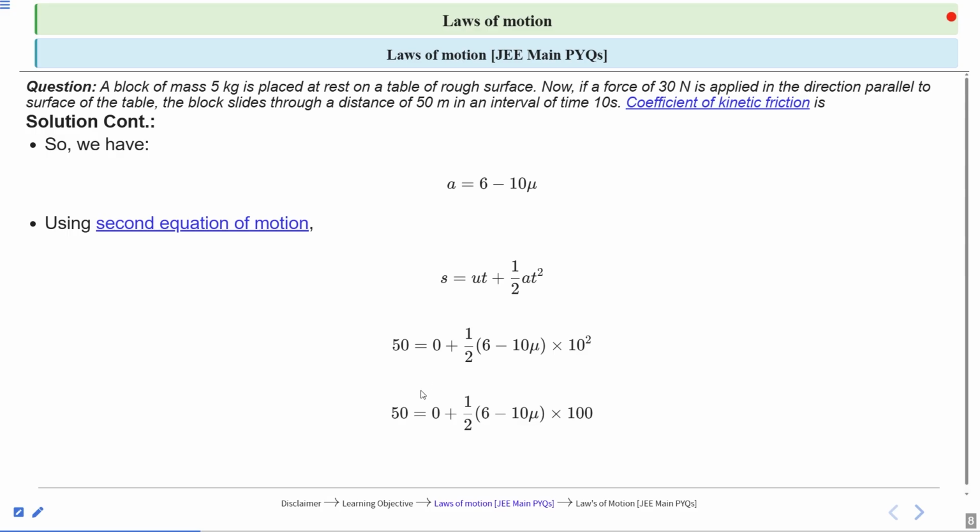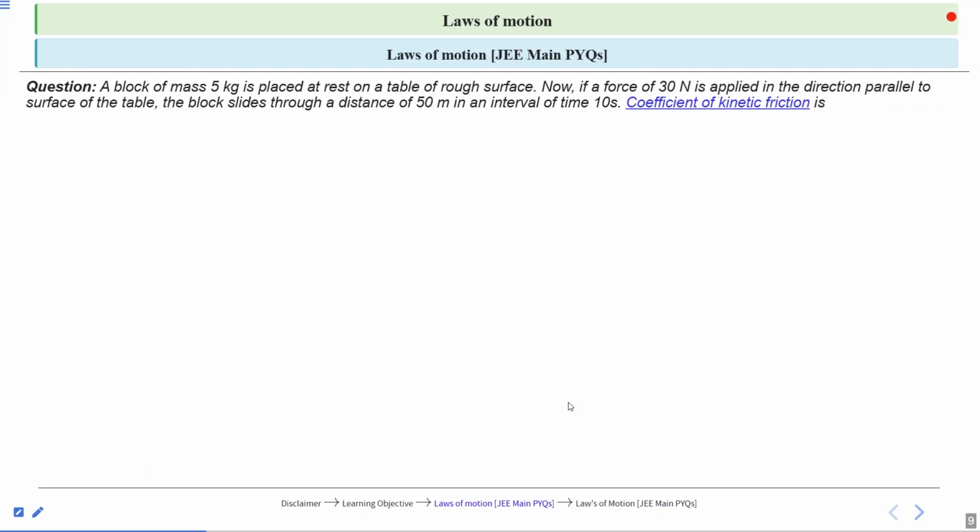Now solve this term. So solving this term, it will be 50 is equal to 0 plus 1 by 2 into 6 minus 10 mu, into the square of 10, which is 100. Now solving for mu, 50 is equal to 0 plus (6 minus 10 mu) into 50.